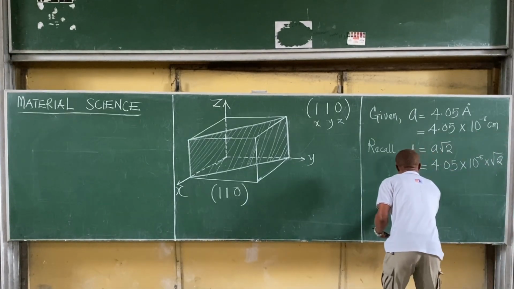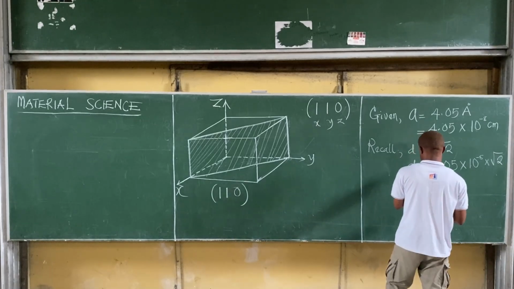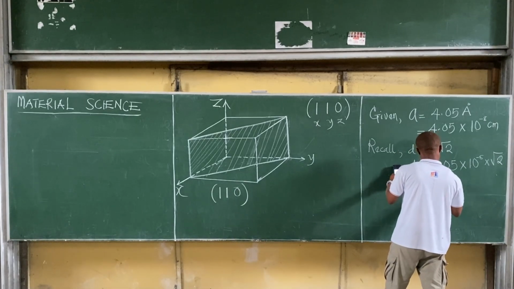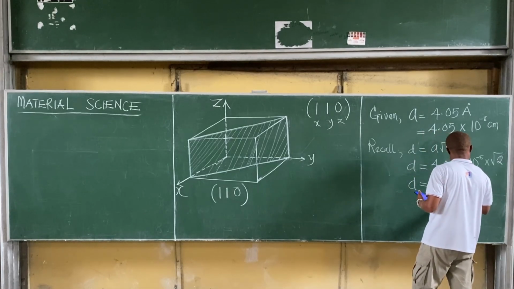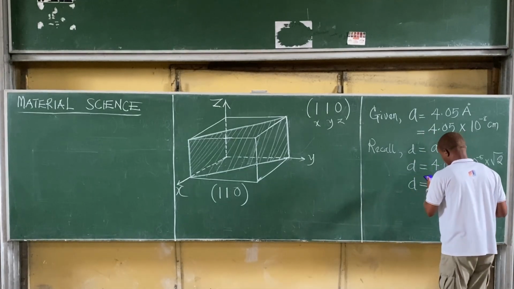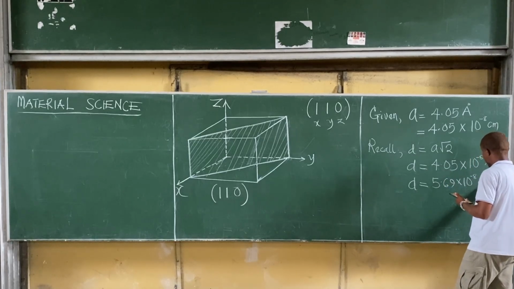Therefore, we have that our diagonal is equal to 5.69 times 10 raised to power minus 8 centimeter.